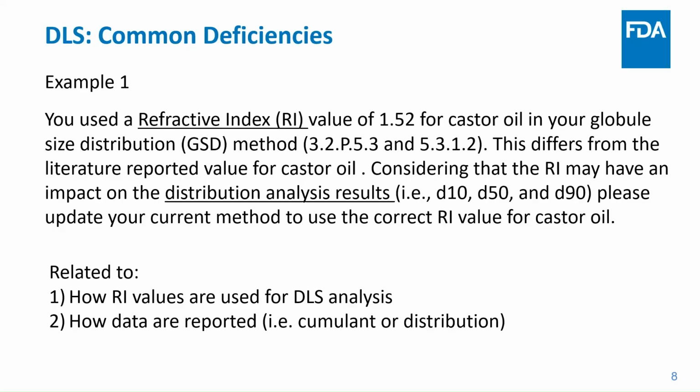Because in that case, imagine by changing the RI value from 1.52 to 1.47, which is the correct value, they may change their product from out of spec to within spec, right? That's definitely something we don't want to happen, that the applicant knows this is something they can change later, and without you knowing it, the quality is compromised. So that's the reason we want to know the type of analysis being used.